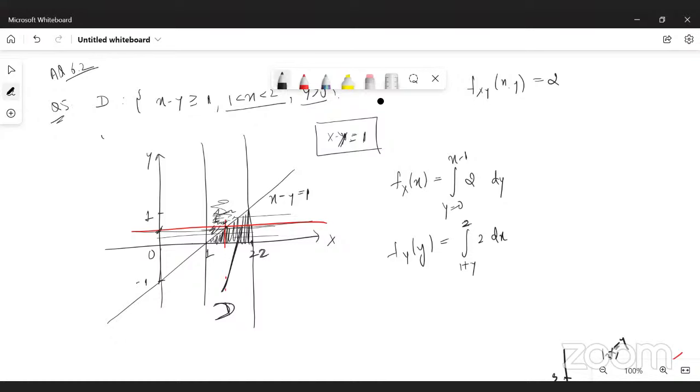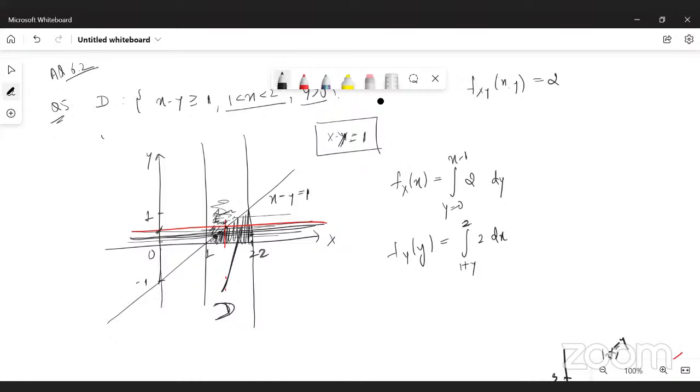Like if you fix your y here, it will be this point, right? Your x is going to be varying from this point to this point. Now, if you fix your y here, then your x is varying from this point to this point, right? Yeah. Right.